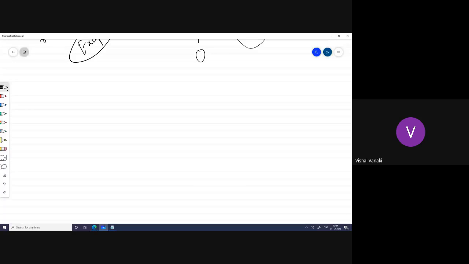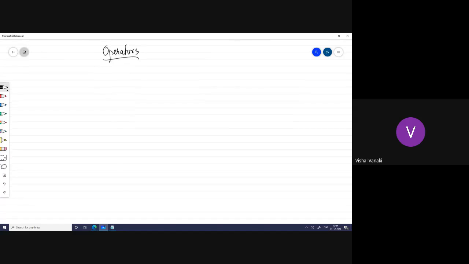Okay. Now, we were talking about operators. We will consider some examples here. I have written predefined examples also, but there are some specific examples I want to write and clarify. Let's say there was one question: to decide whether a given number is even or odd.